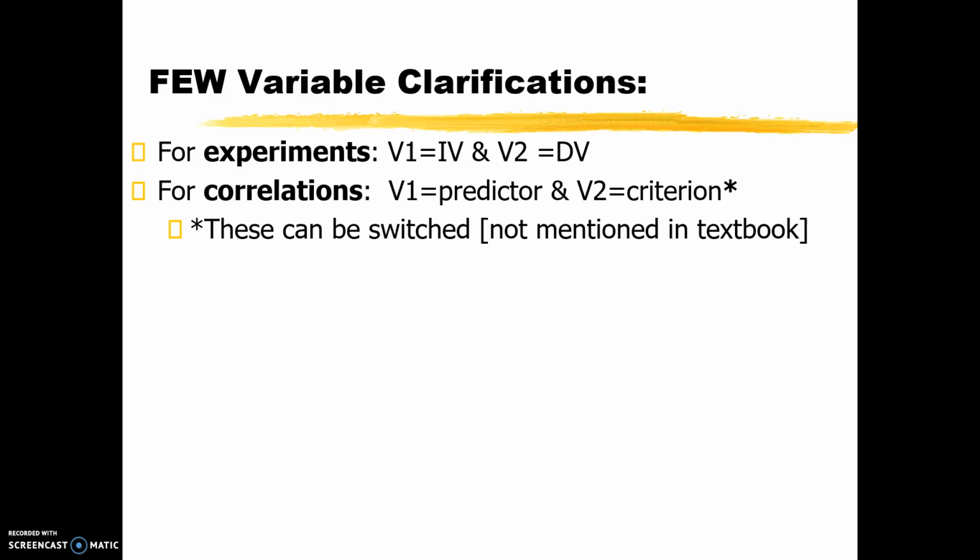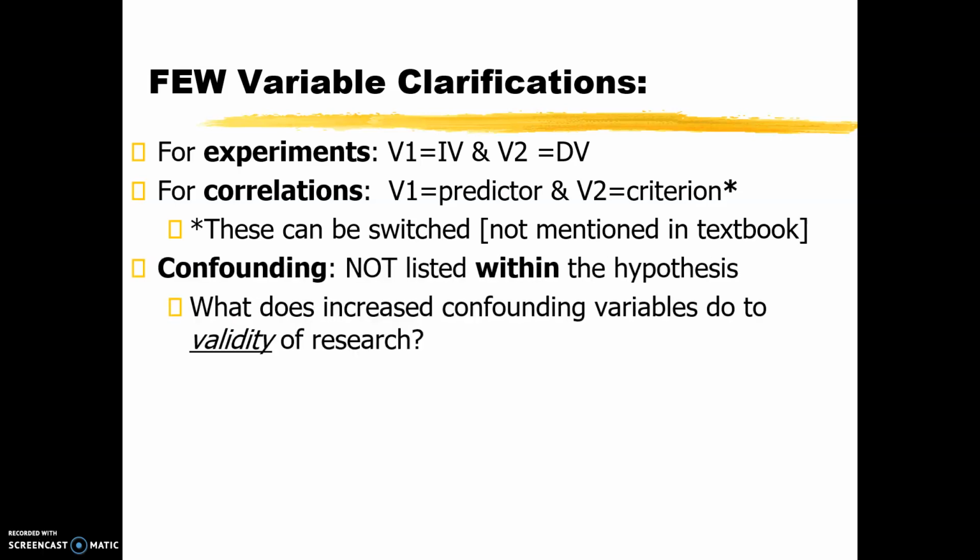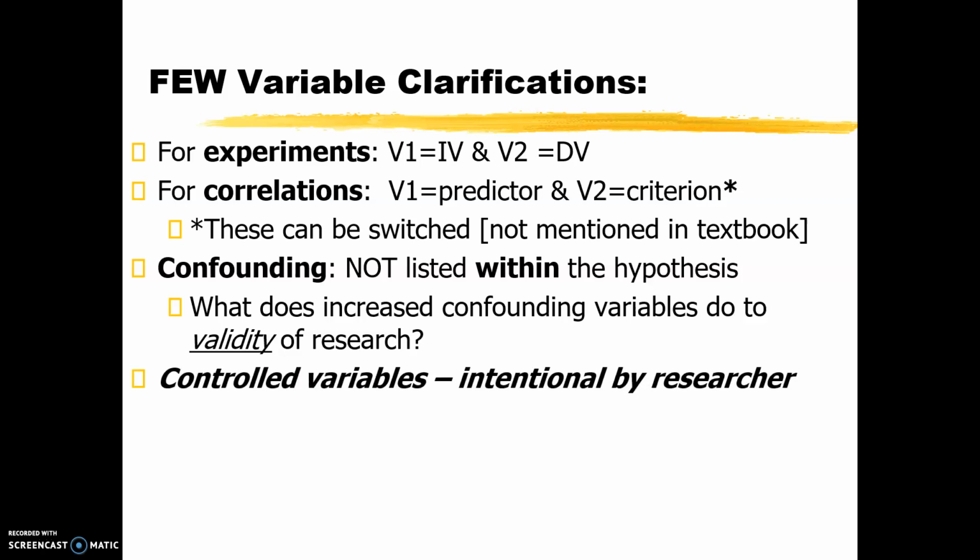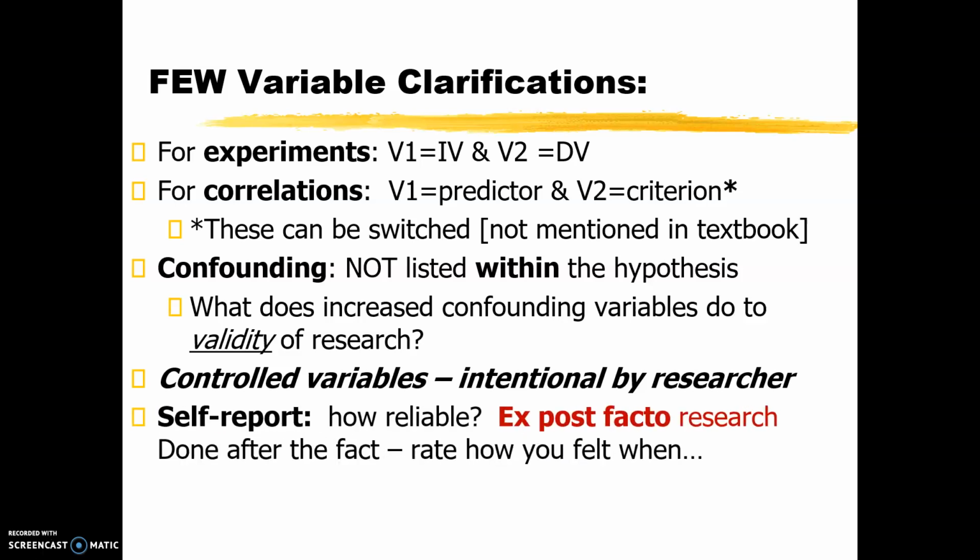But we'll be pretty consistent with IV and DV. Remember, your confounding variables are not listed within the hypothesis. Those are things you think of, and we thought of a ton of those for our thumb wrestling lab yesterday. Controlled variables are intentionally dictated by the researcher, so do highlight that idea.